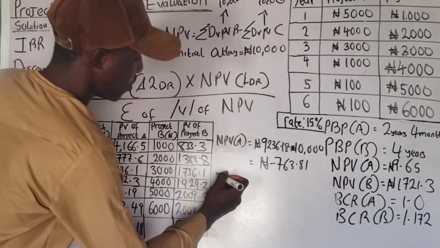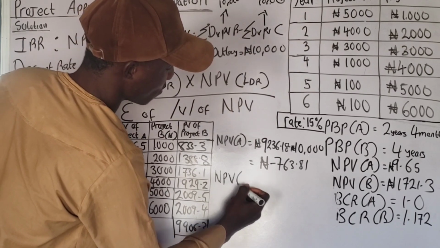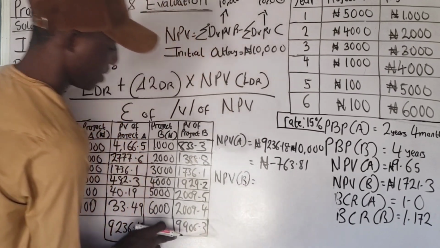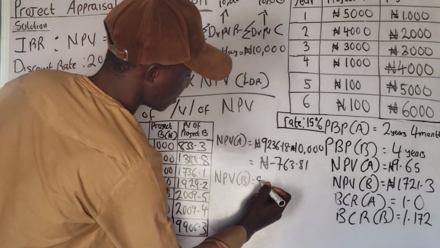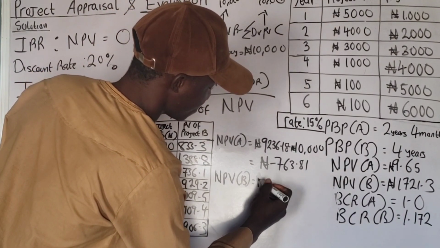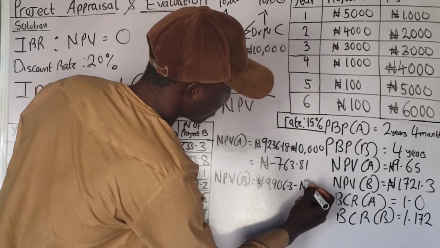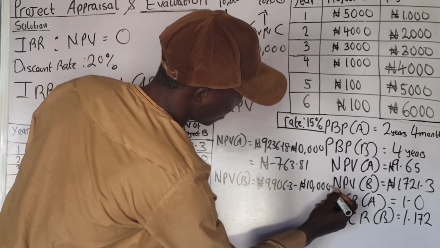Okay, so let's calculate the net present value for project B. That will be 9,906.3 minus 10,000 naira. Okay.